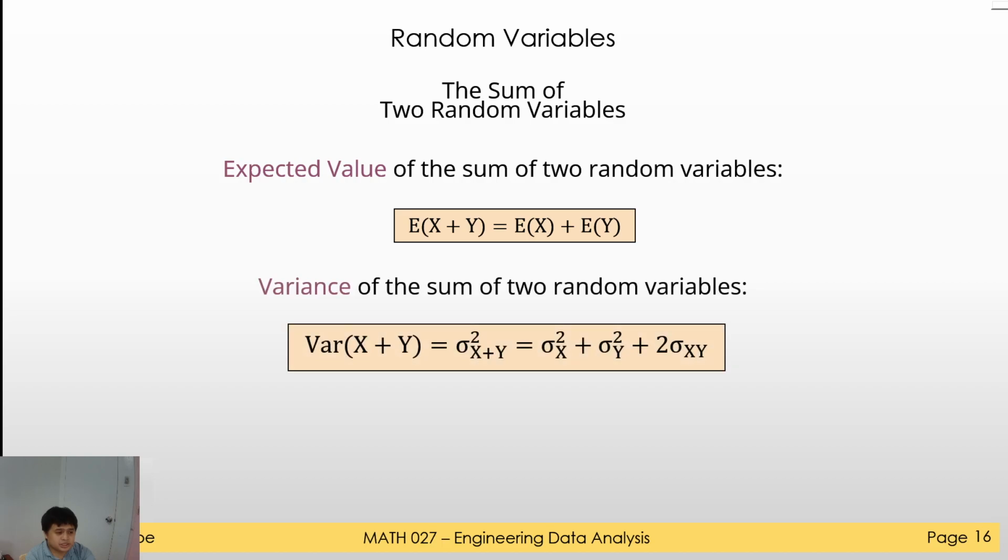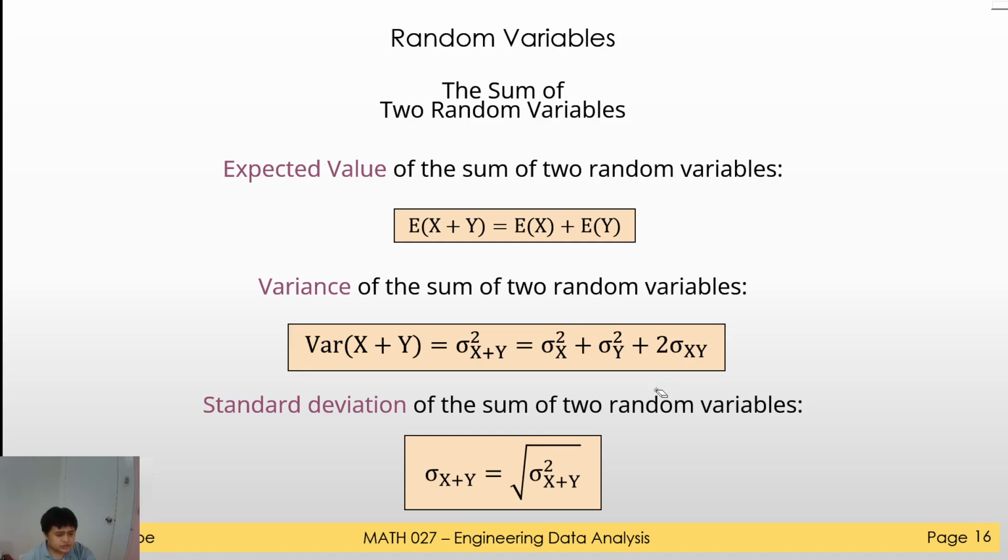So there are properties here that we should be familiar with. And so for the expected value, you just add these two. For the variance of two random variables, we can find the square of each, and then we can also add twice the variance of the multiplication of x and y. Okay, so that's it.